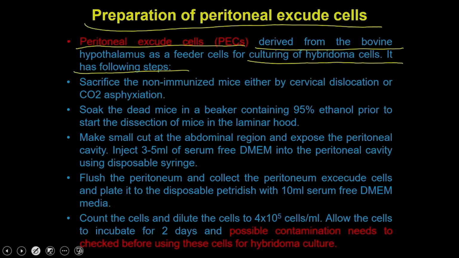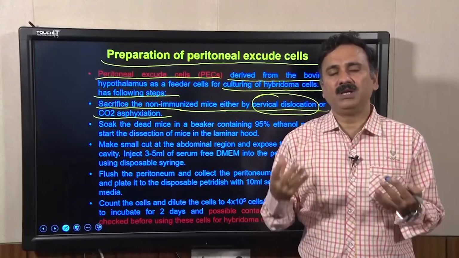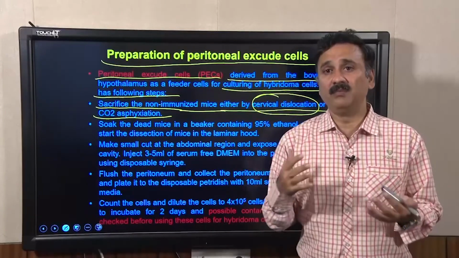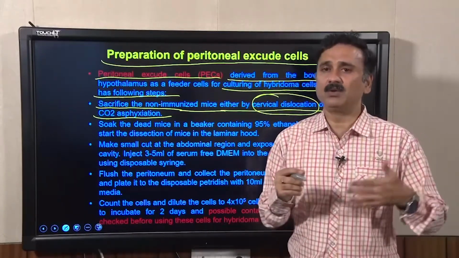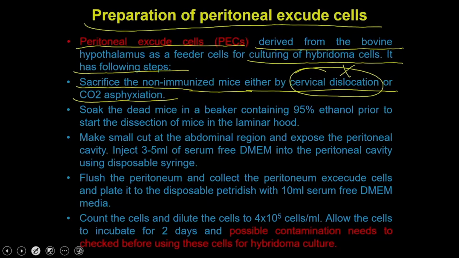First, you have to sacrifice the non-immunized mice, either by cervical dislocation or CO2 asphyxiation. Cervical dislocation breaks the linkage between the vertebrae, which does not allow the animal to breathe properly, and that is how the animal dies. But it is not a very popular method.